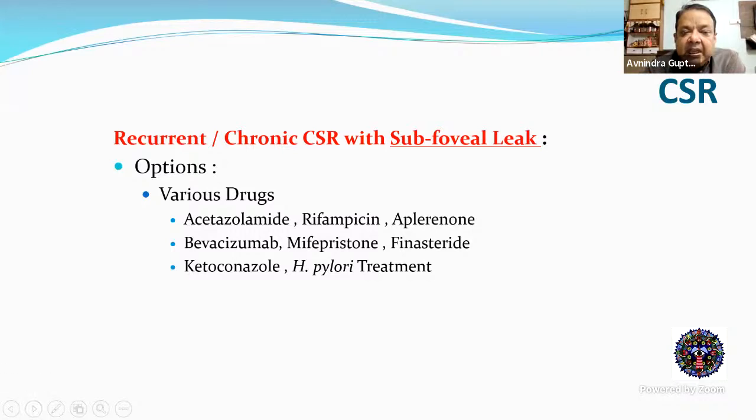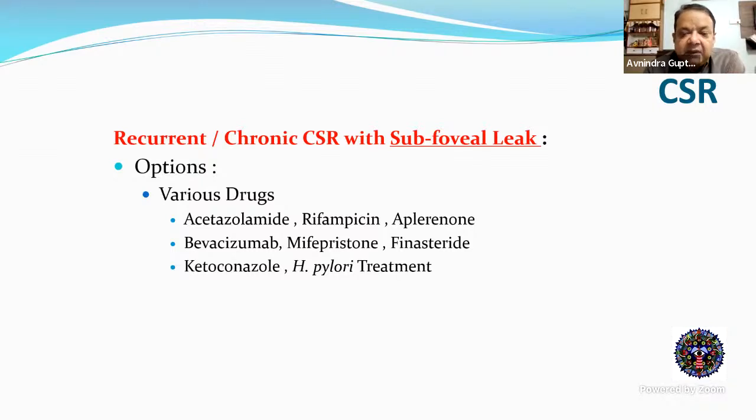In recurrent CSR or chronic CSR, where the leak is subfoveal, we cannot do a green laser or a thermal laser because it will damage the foveal area. So various other options have been tried, like acetazolamide, rifampicin, eplerenone, bevacizumab, mifepristone, finasteride, ketoconazole, and H. pylori treatment.